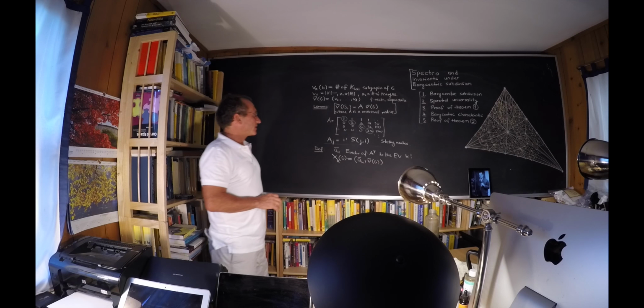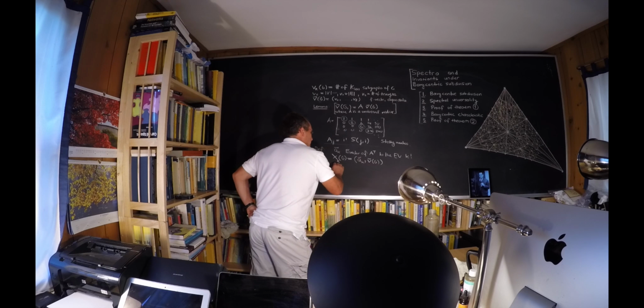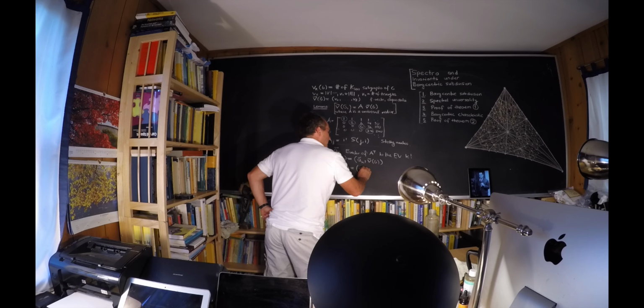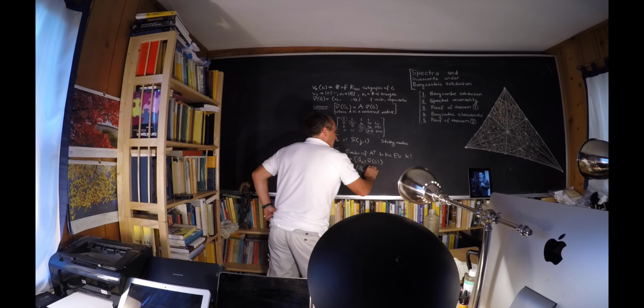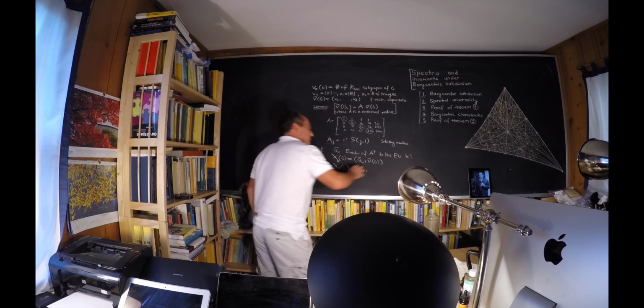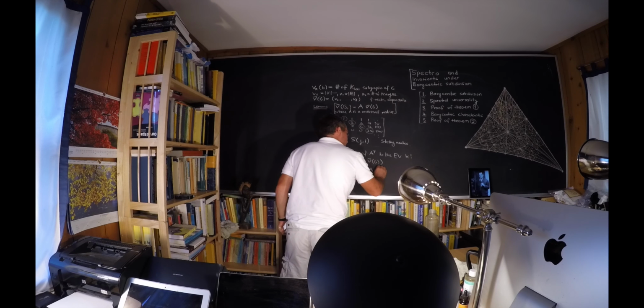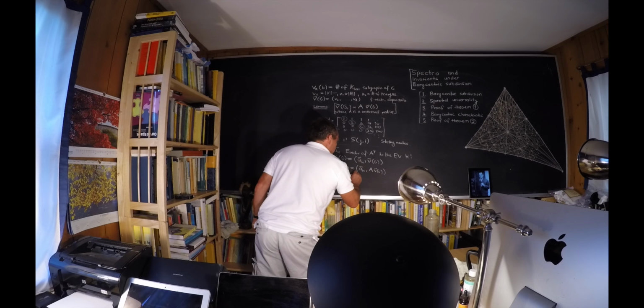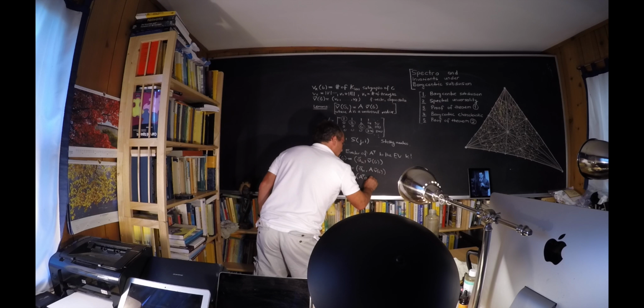So let's see what happens on the barycentric subdivision. If you take x_k of g_1, then we have A_k dotted with v of g_1, but v of g_1 we know is A of v_g. And now if you take the matrix on the other side, we have to take the transpose. So this is A^T A_k dotted with v of g.